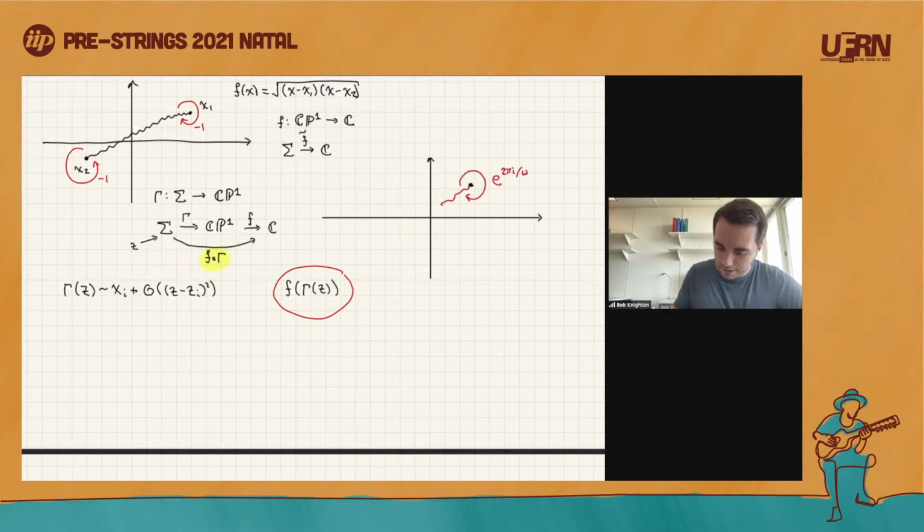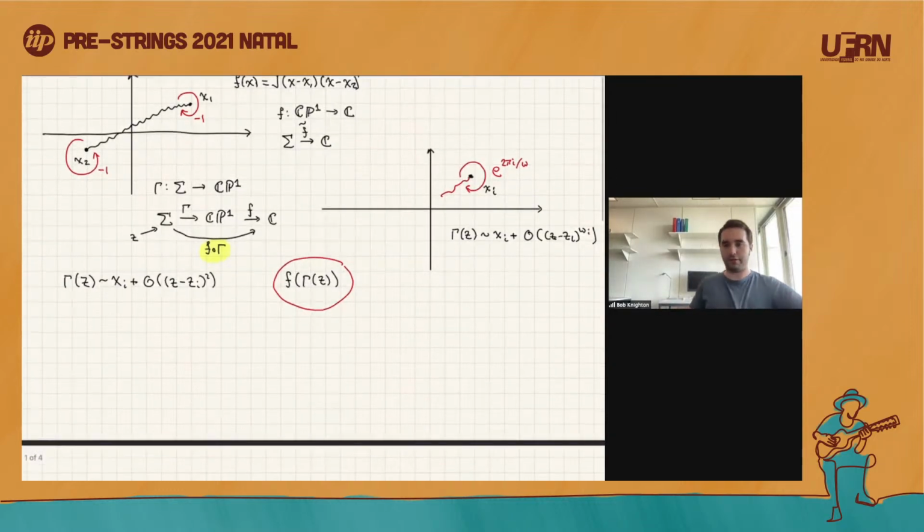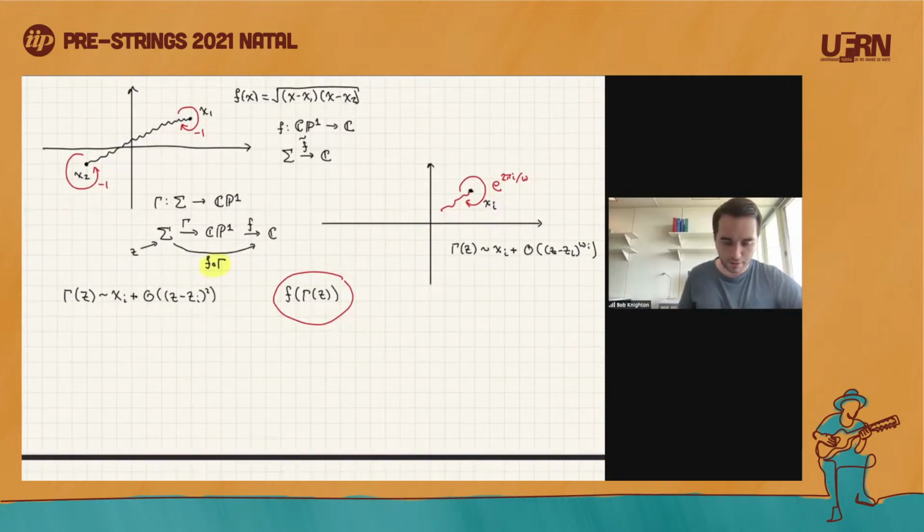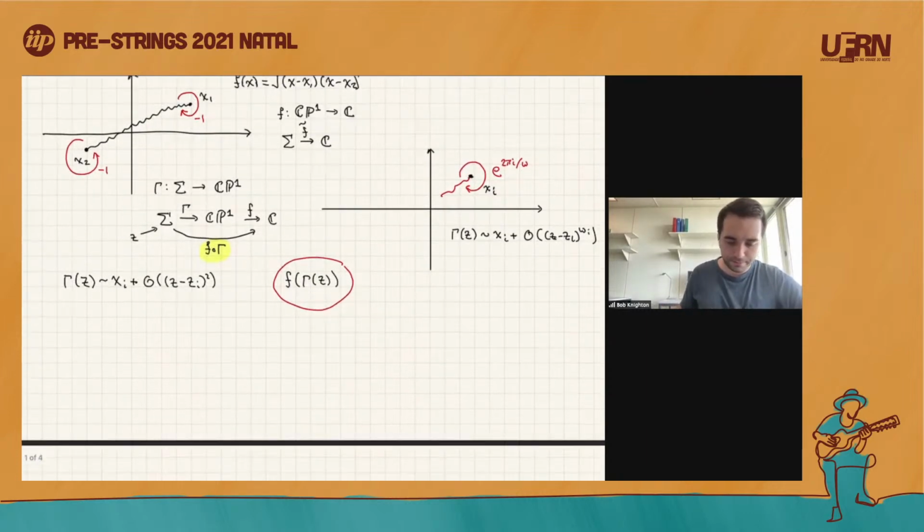And so the corresponding covering map needs to be one which goes to this point x_i, and then has a critical point of order w in order to cancel the monodromy coming from going around this loop. So this is sort of the general motivation of how these covering maps work and where they come from.